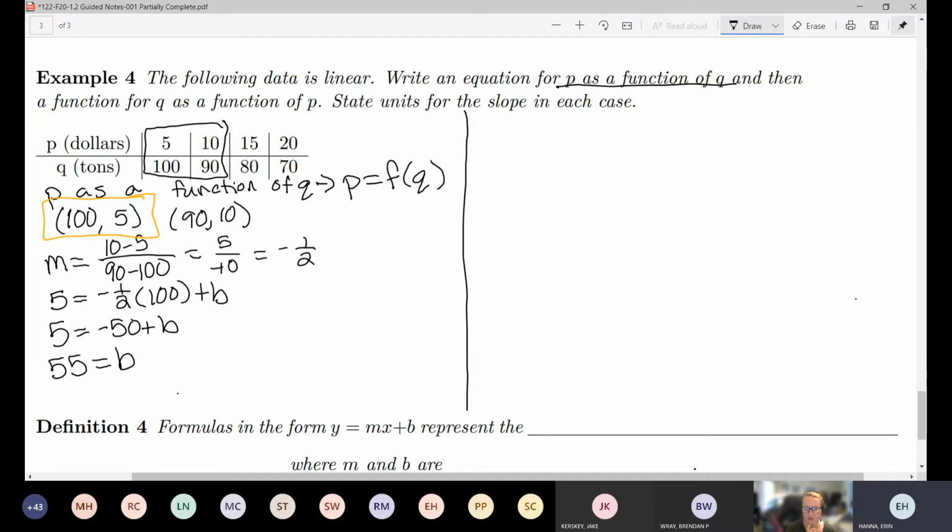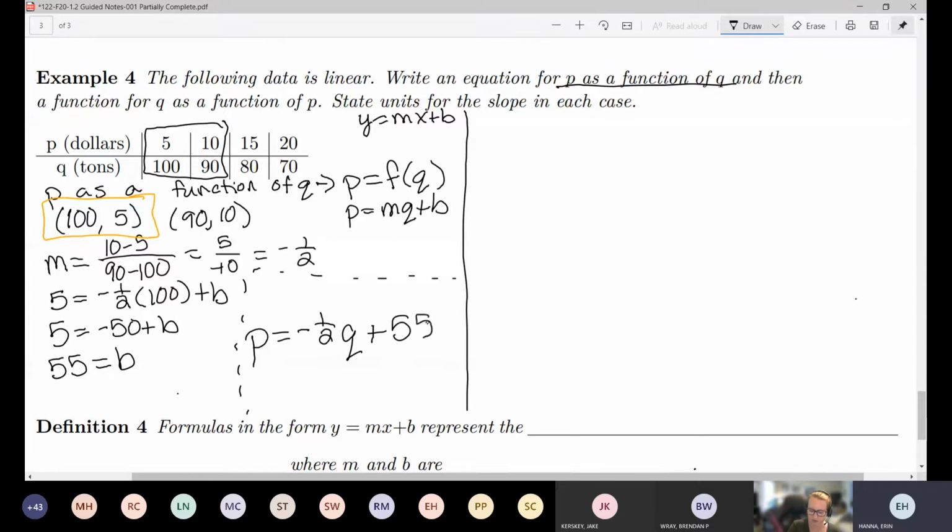And again, for some reason, a lot of people like to stop there and think they're done. You're not. You've got to write the actual answer. Usually it's y equals mx plus b, but here it's going to be p equals mq plus b, just to be clear. So the equation is going to look like p equals negative 1/2 q plus 55.